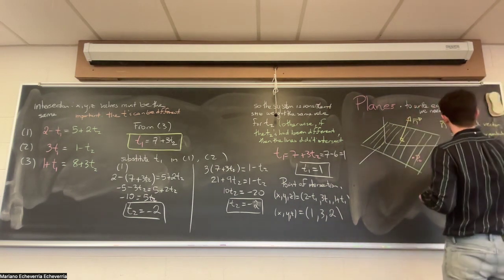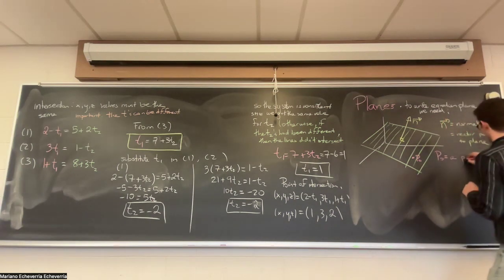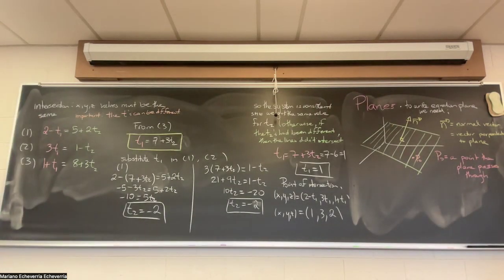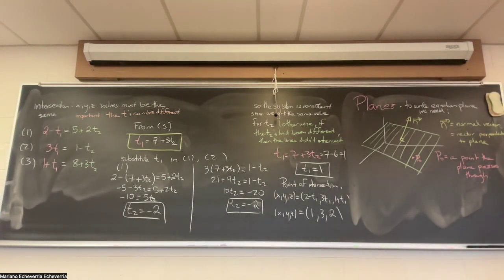P naught is a point that the plane passes through. Does that make sense? My claim is that with that, it's enough. That's enough information to describe any other point on the plane.